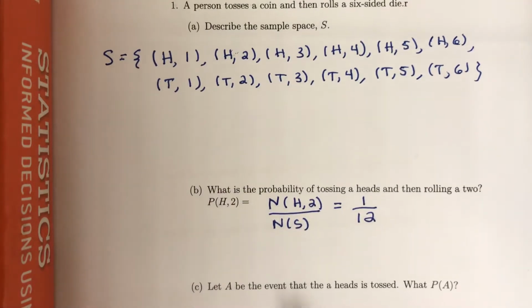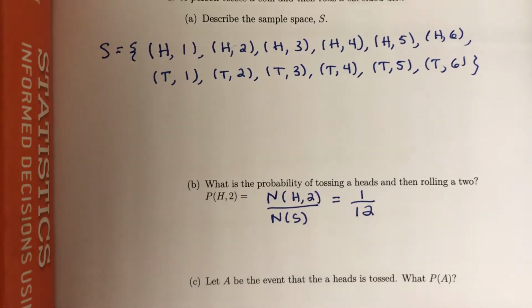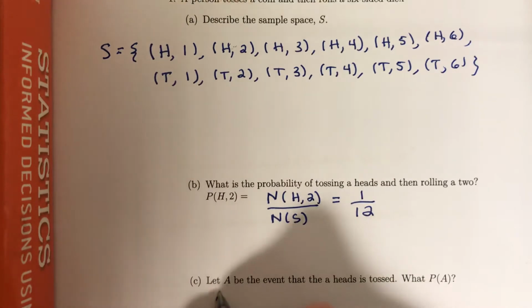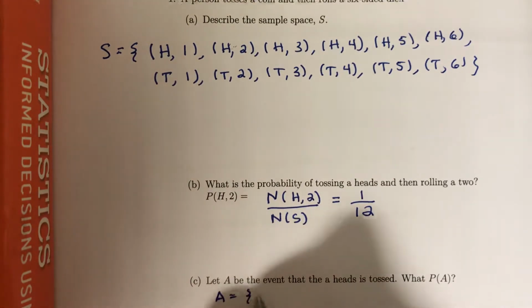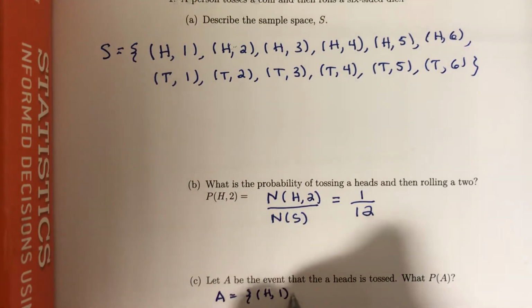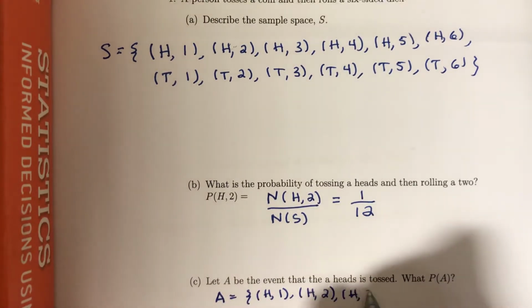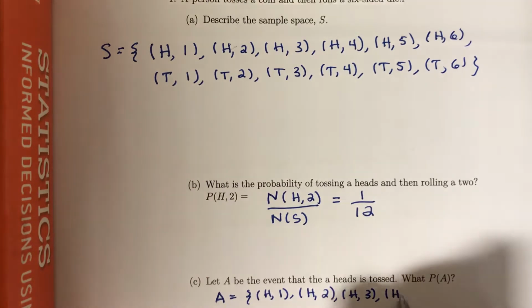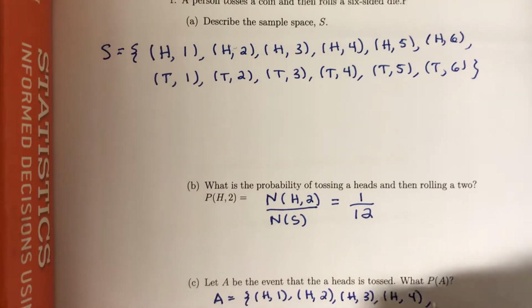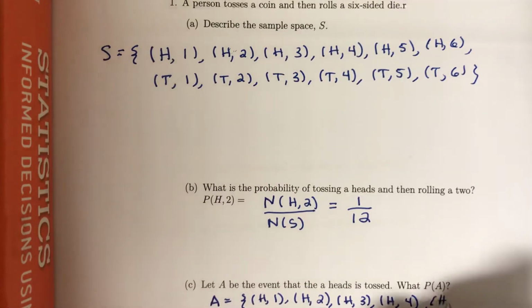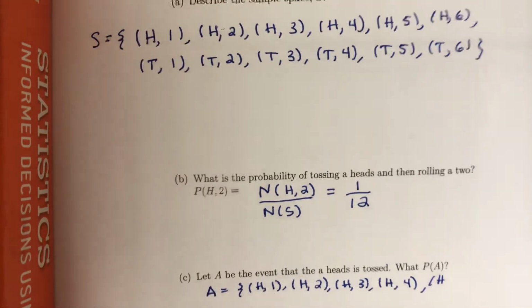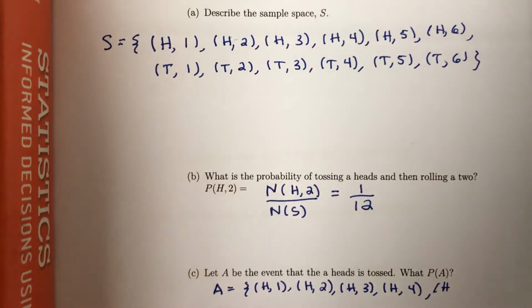Now let A be the event that heads is tossed. What's the probability of A? Well, let's first list out what A is, which is a little bit of trouble because it's long, and we did a lot of that up above anyway. But let's just list down what A is. So A is when you get H first.